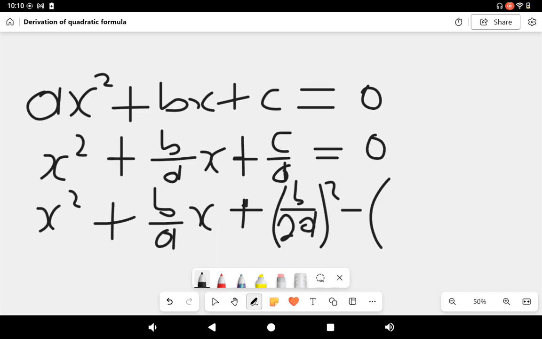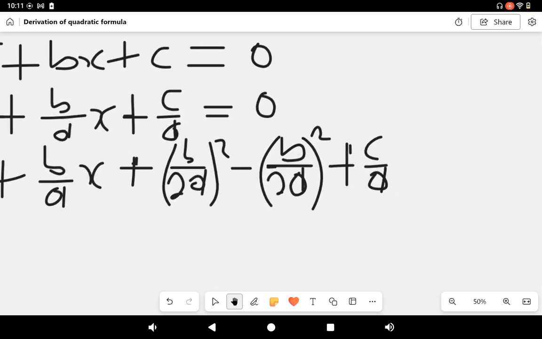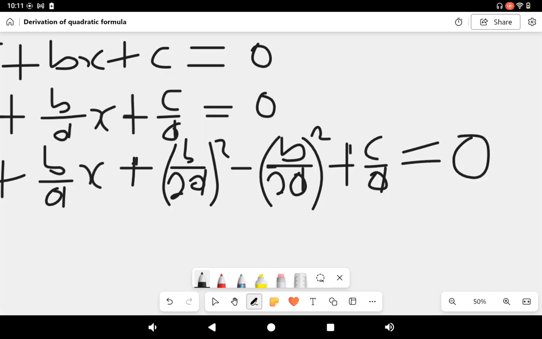So I'm just going to have b over 2a, then squared, then plus our c over a, then equals 0, right?